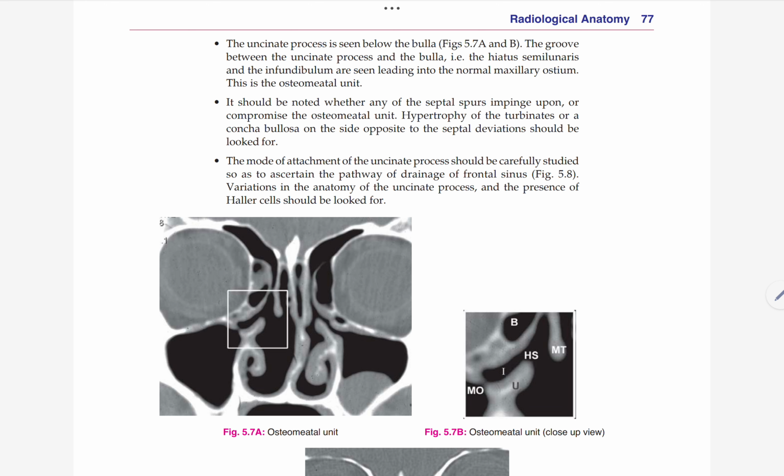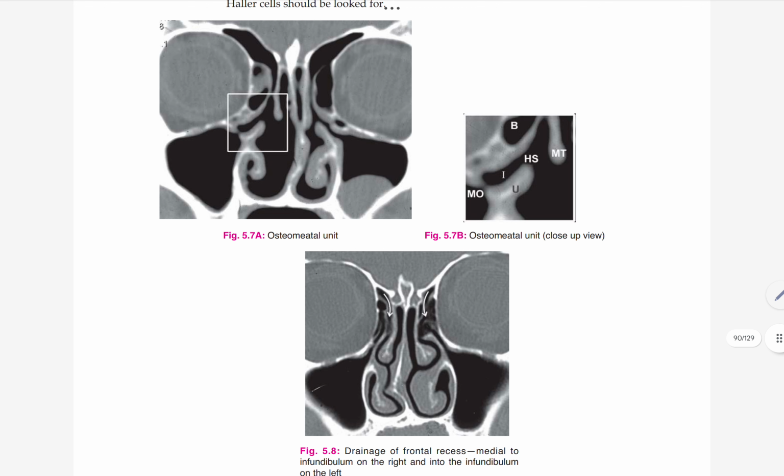The mode of attachment of the uncinate process should be carefully studied so as to ascertain the pathway of drainage of the frontal sinus. Variations in the anatomy of the uncinate process and the presence of Haller cells should be looked for. The osteomeatal unit. A close-up view.